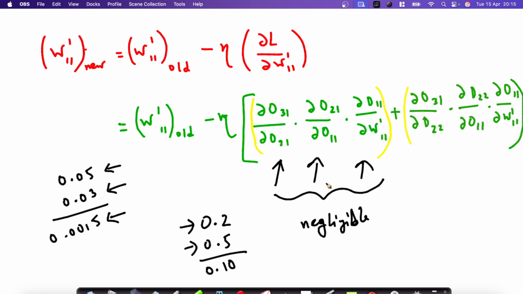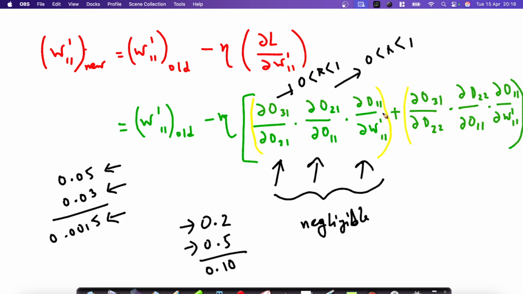What is the reason? The reason being this particular derivative will have a value within 0 to 1 because of the inherent property of the sigmoid function and the tanh function. Because the derivative of both of these functions is within 0 and 1, we'll always get a result within 0 and 1 here, same here, right? So obviously when you multiply all these values, we'll get a very negligible value.